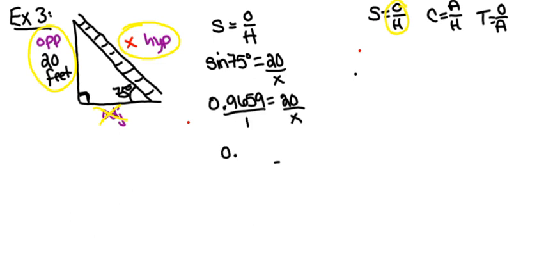So 0.9659 times x, when I cross multiply going in one direction, is equal to 1 times 20, or 20 going in the other direction. So I'm going to go ahead and divide by the 0.9659.